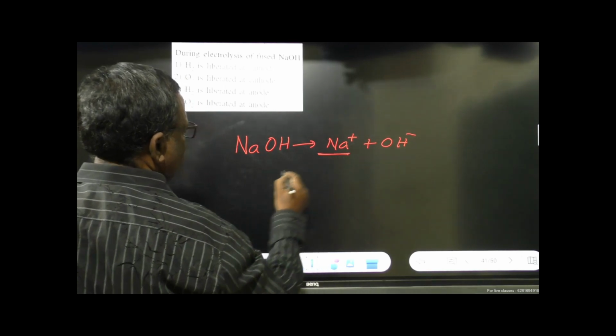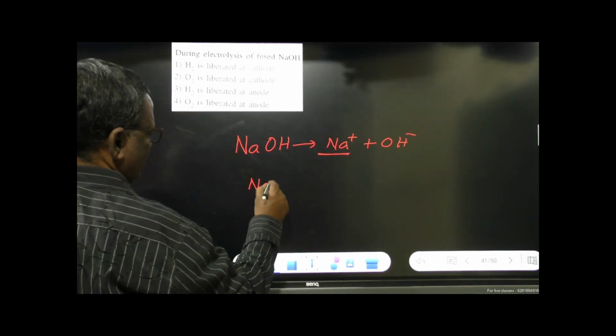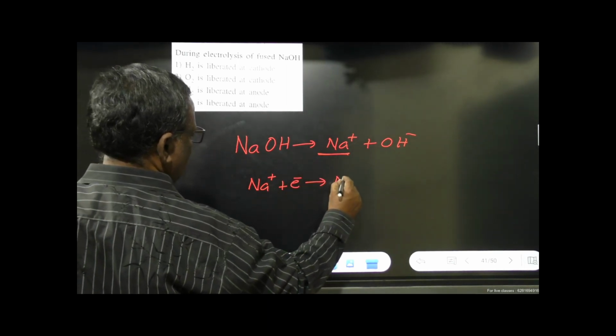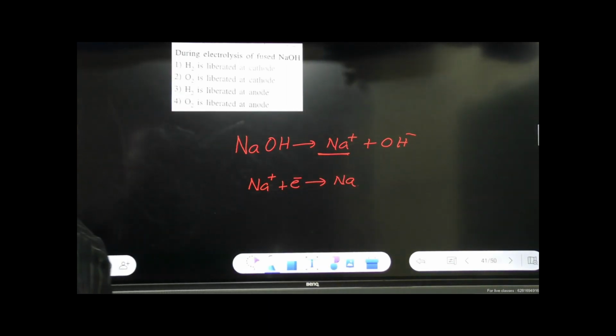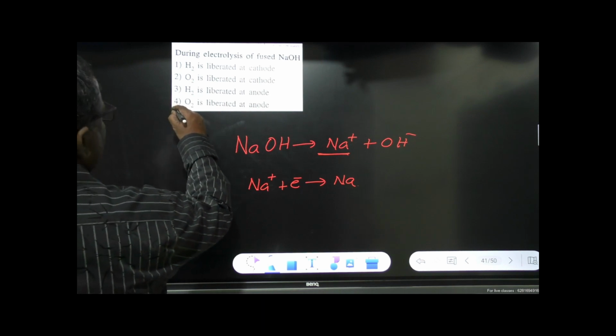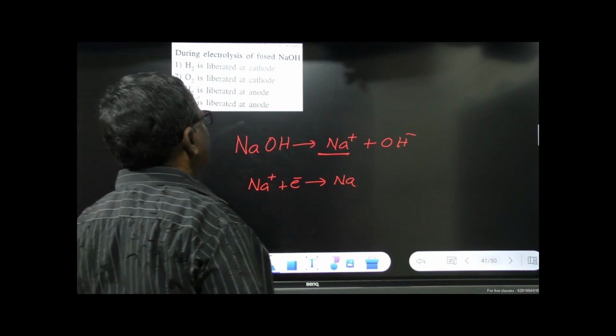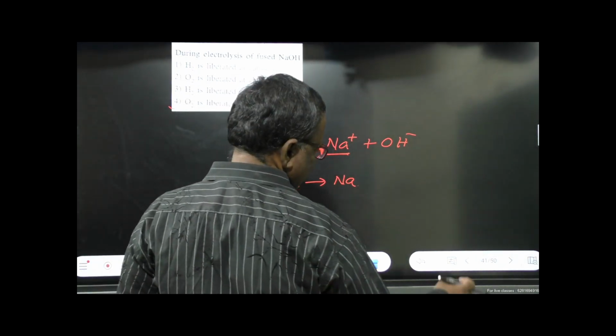So Na is discharged at cathode, Na plus plus e minus gives Na. But here Na was not given in the options. At anode, oxygen is liberated. So the fourth option is correct. These are single answer questions.